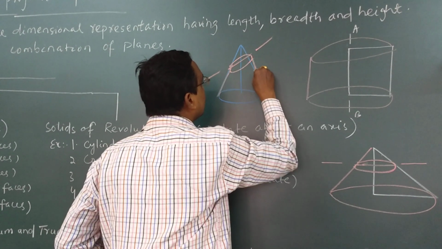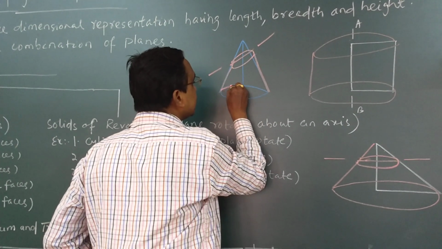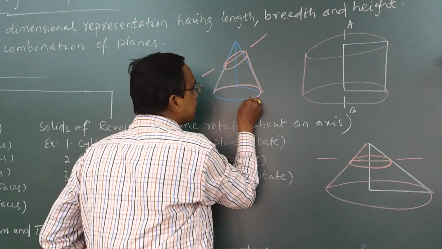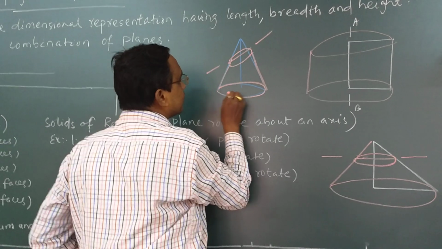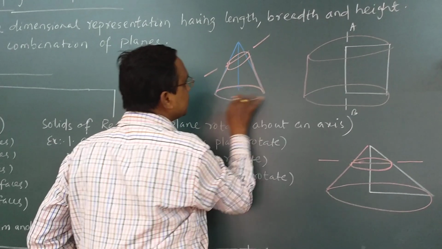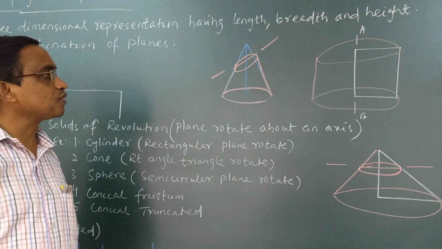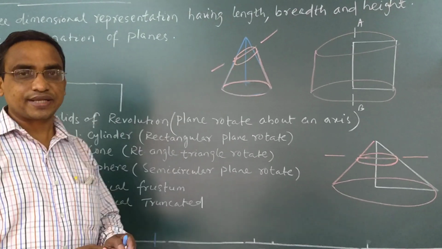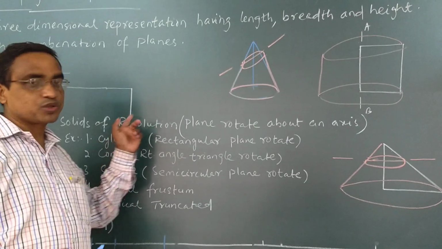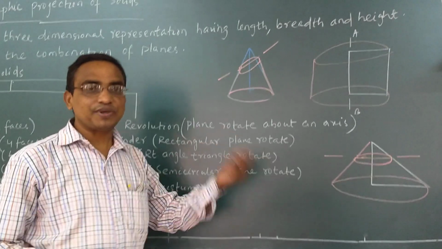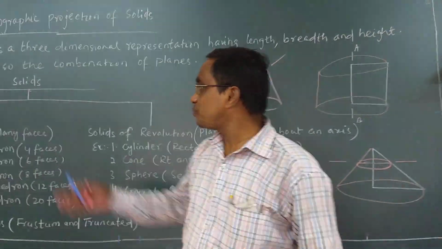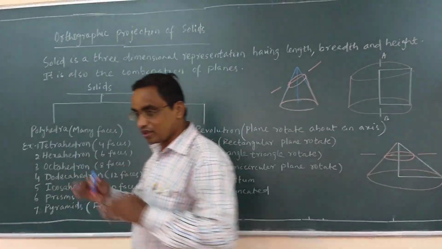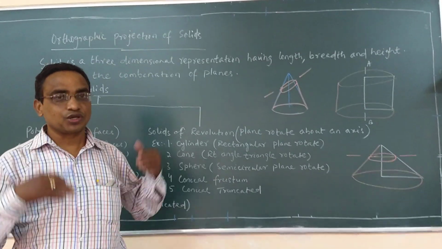This is the conical truncated. If the parent body is a pyramid, that is called pyramidal truncated. If the parent body is a cone, that is called conical truncated. Conical truncated belongs to the solids of revolution group, and pyramidal truncated belongs to the polyhedra group. They are all the classification of solids.